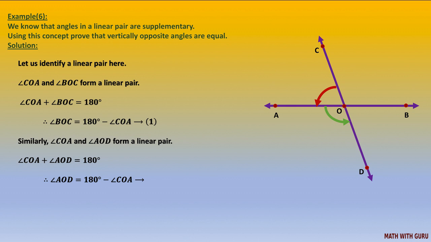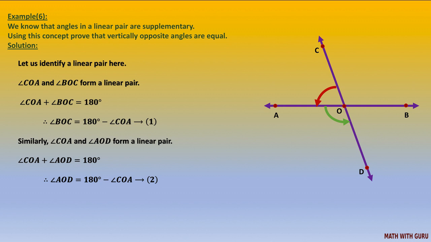Again, transforming this equation, we get angle AOD equals 180 degrees minus angle COA. This is result 2.